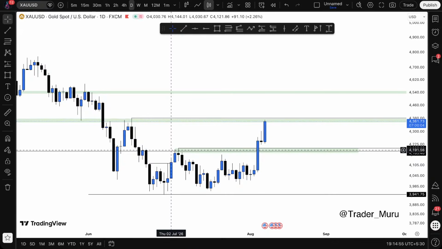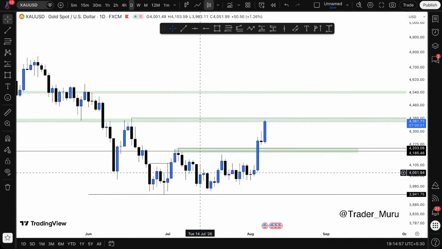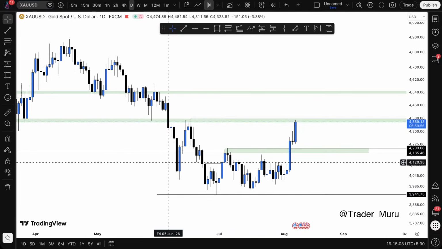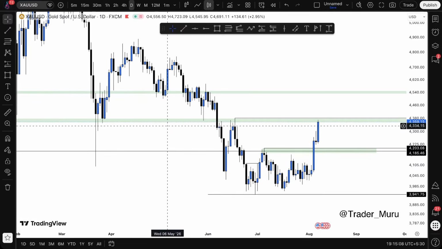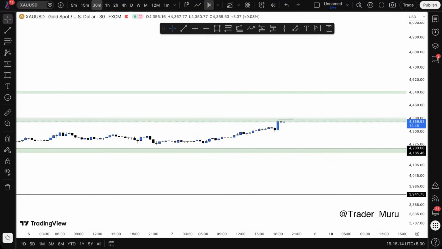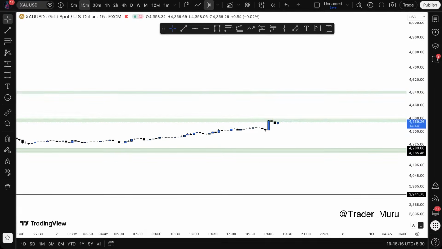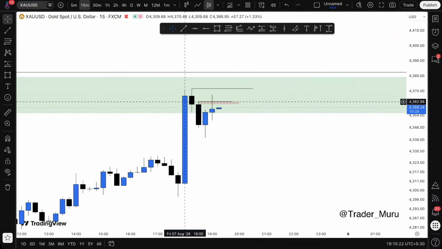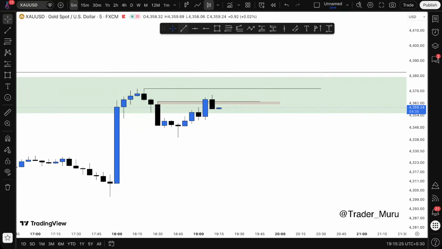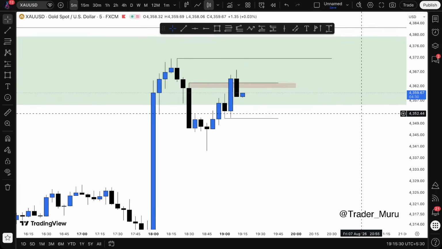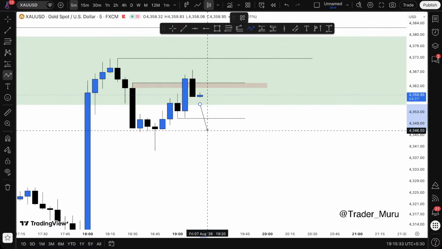Test, did not close above, started dropping. 15-minute close below, short is still valid. From here we will be shorting. This will be our 5-minute confirmation.